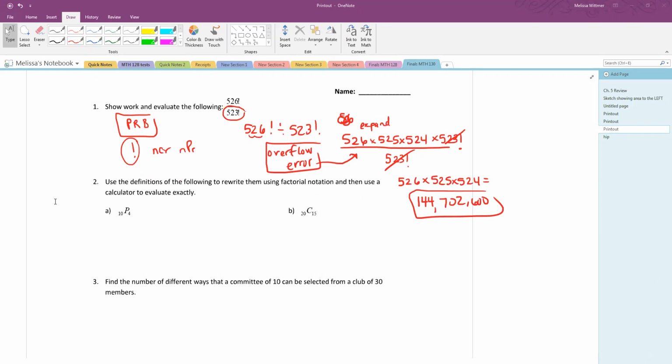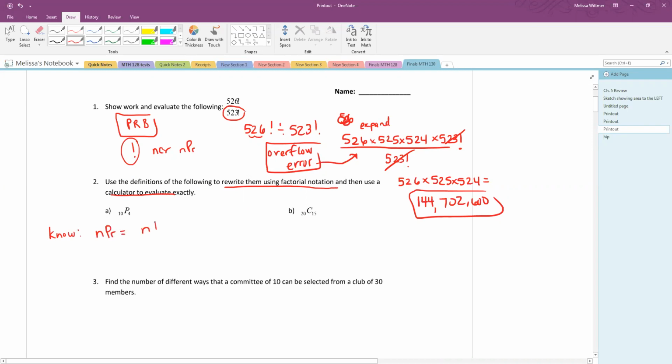Okay, now the next question is the difference between a permutation and a combination. Now notice the instructions say rewrite them using factorial notation, and then you can use a calculator to evaluate. So you do have to know two formulas on the test.